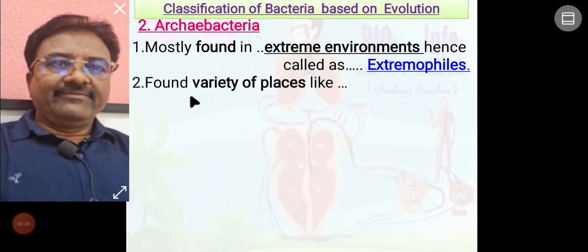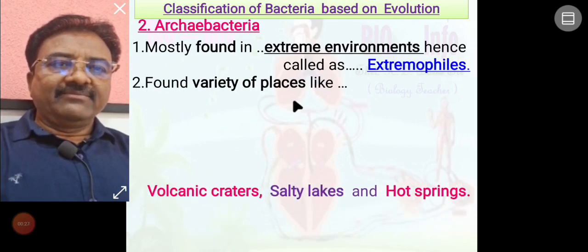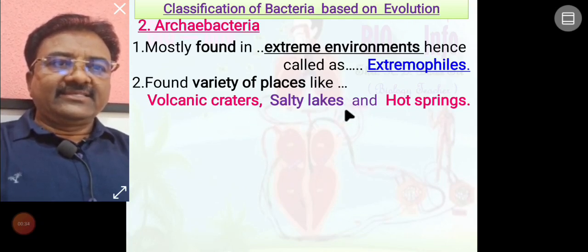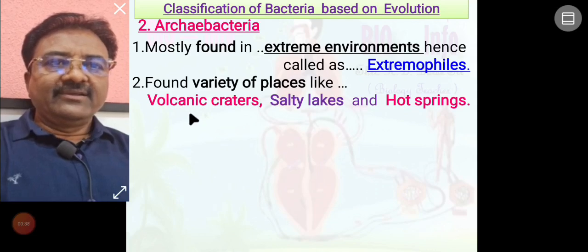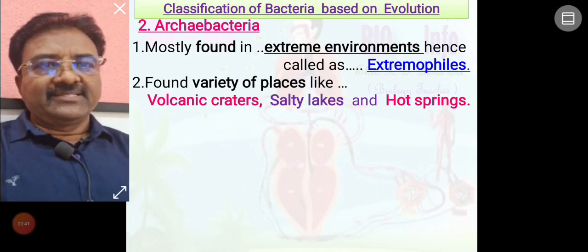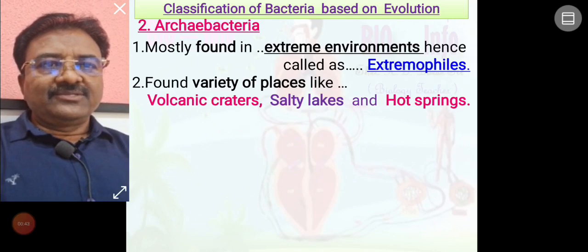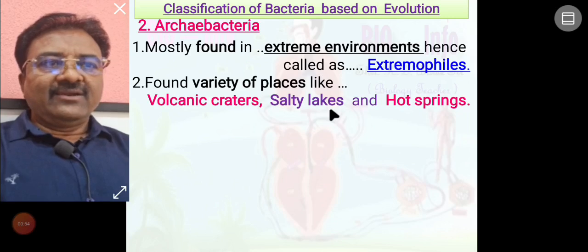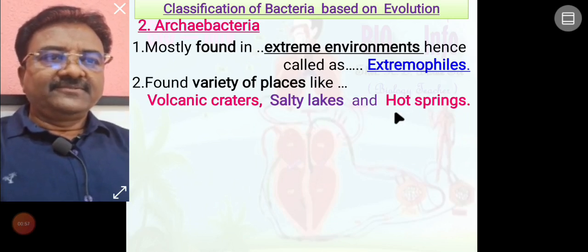Archaebacteria found in a variety of places like number 1, volcanic craters, salty lakes and hot springs. No doubt these are very dangerous places, but in such places also archaebacteria are found, like volcanic craters, salty lakes and hot springs.